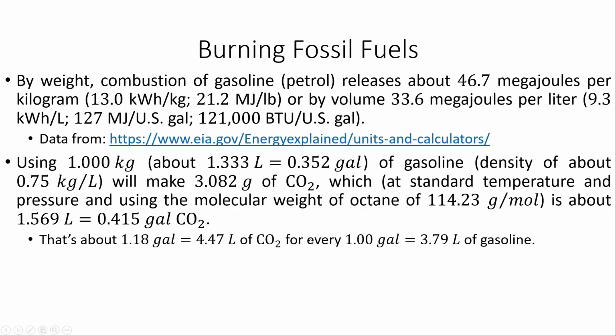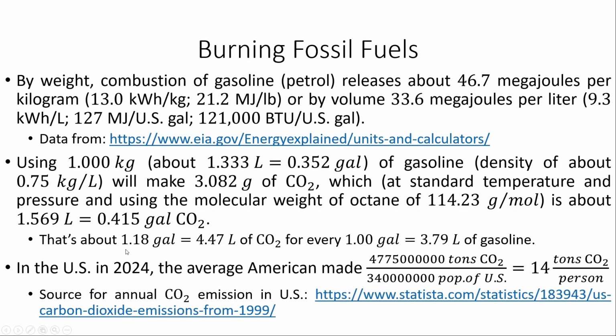So every time we burn a gallon of gasoline, we're putting about 1.18 gallons of CO2 into the atmosphere. And in the US in 2024, the average American made about 14 tons of CO2 per person. That's going to be different in different countries. Most countries are quite a bit less than that, but for the United States, we made about 14 tons of CO2 per person in 2024.